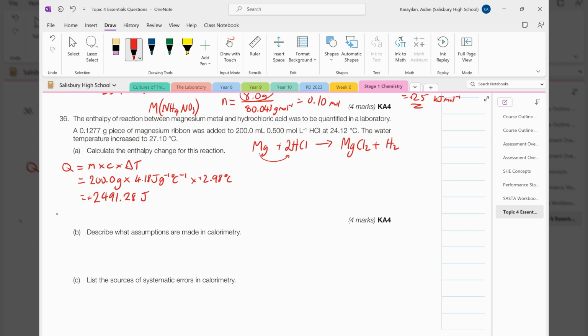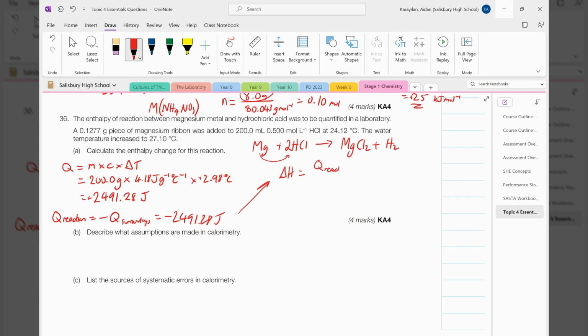So the Q of our reaction is equal to the negative Q of our water, or actually technically it's the negative Q of the surroundings, which is equal to negative 2491.28 joules.